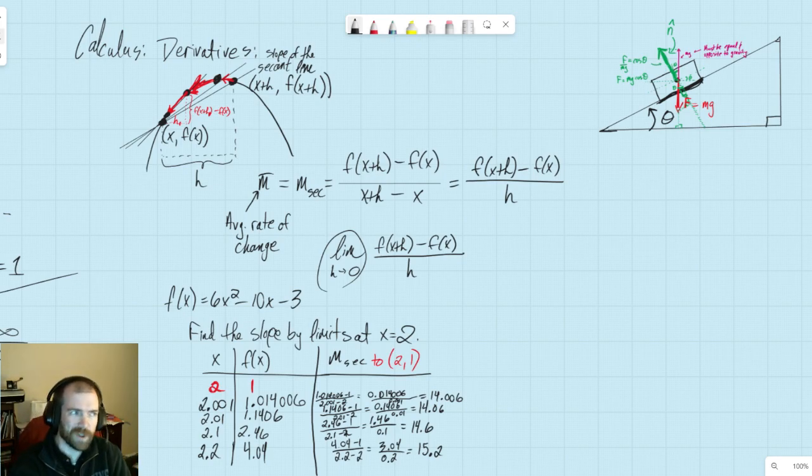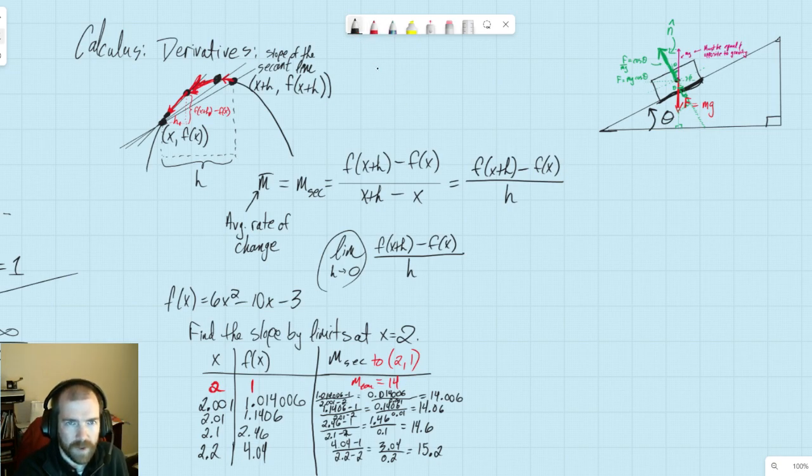So realistically, we could say here that probably our slope of the tangent line is going to be 14. Just because it's getting closer and closer, it looks like it. So probably it's going to reach that.